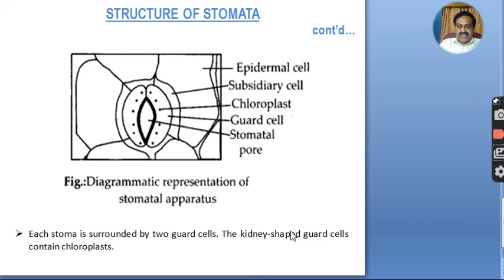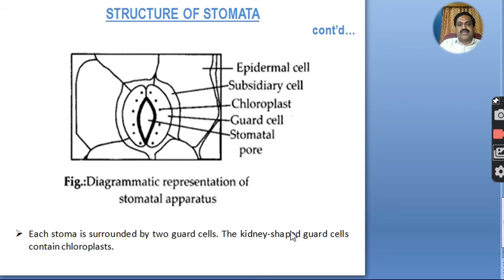Fourth, an inelastic, unevenly thick ventral wall and a flexible, thin dorsal wall. And starch is accumulated in these guard cells. Generally, this is the structure of the stomatal apparatus.